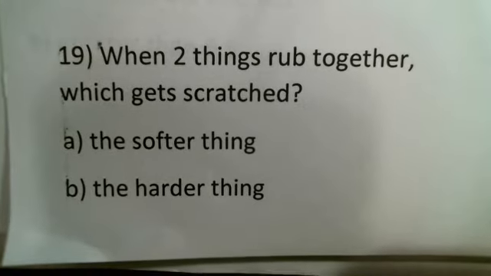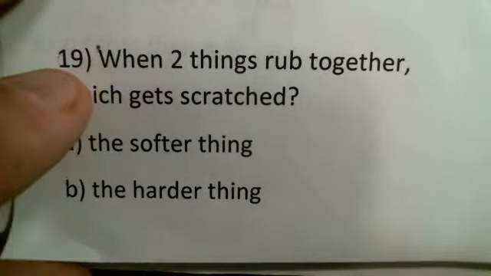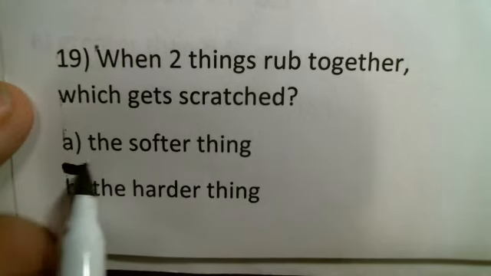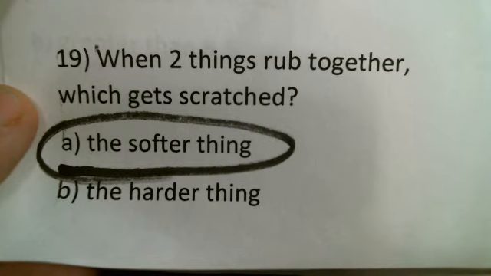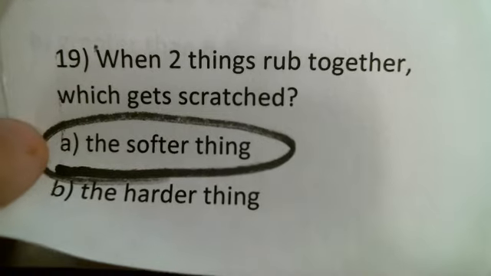Number 19. When 2 things rub together, which one gets scratched? The softer material is going to be the one that gets scratched. We're going to use that idea in the next few problems. We have here a chart. And the hardness level goes from 1 to 10.